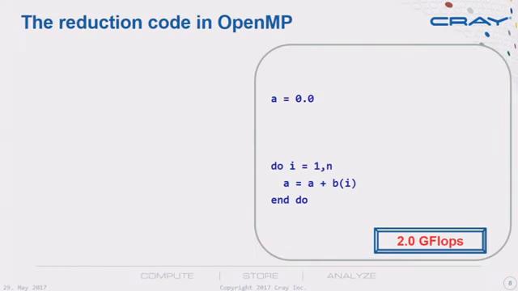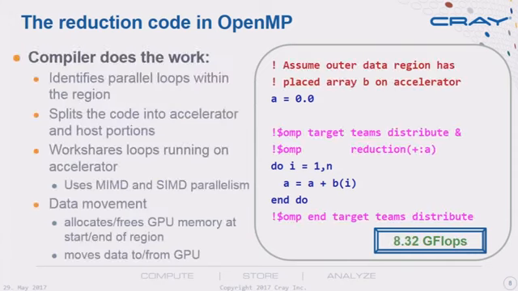Now we want to do the same with our directives. We again start with this simple code here, and I will come in more detail to the actual meaning of the directives. We add just these directives, which mean that we want to distribute the loop on the GPU, and you need to mention that this is a reduction.